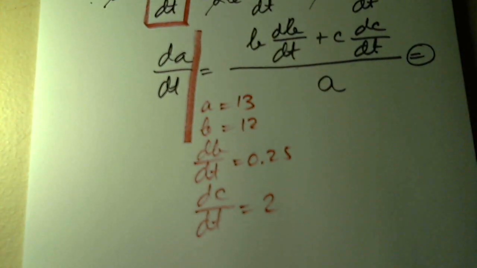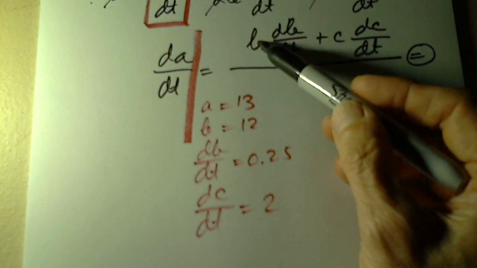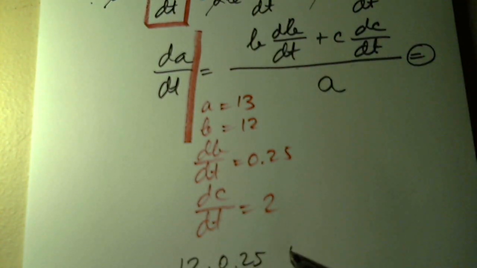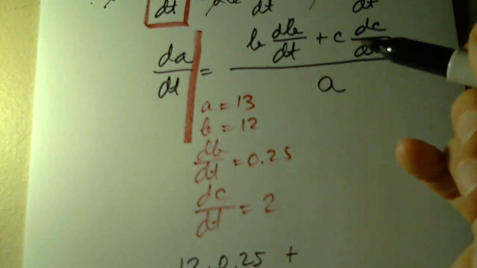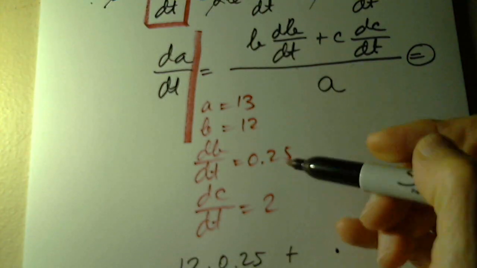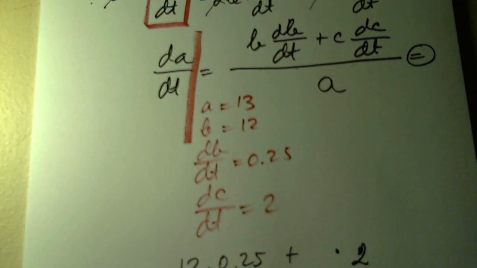So from here, I'm going to jump here and plug them in. B is 12, times dB over dt, 0.25, plus C, which has to be determined, times dC over dt, which is 2, over A, which is 13.